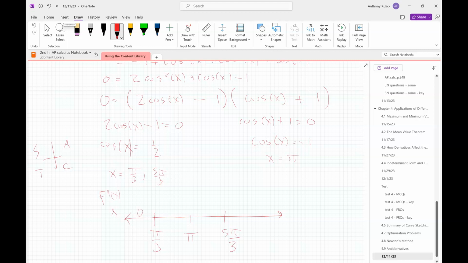I would not choose 1 because 1 is not bigger than pi over 3. I might pick pi over 2 though. 1/2 is bigger than 1/3. And I might pick 3 pi over 2. I might do 2 pi.